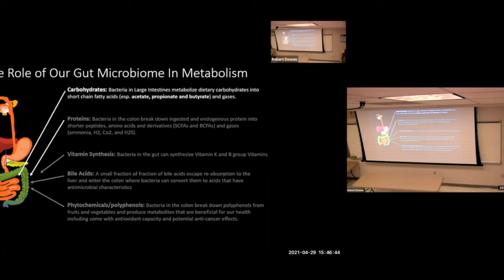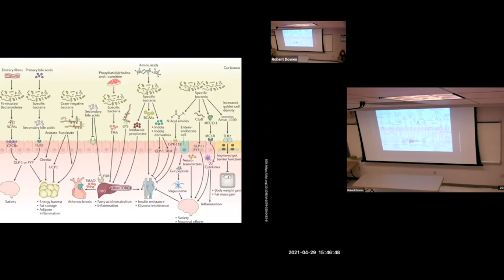What we're going to focus on today is the metabolism of carbohydrates. I know this slide looks scary, but it's just to show you the massive network of things that your gut microbiome is influencing in your body. You may recognize some of these pathways from other sections of this class.